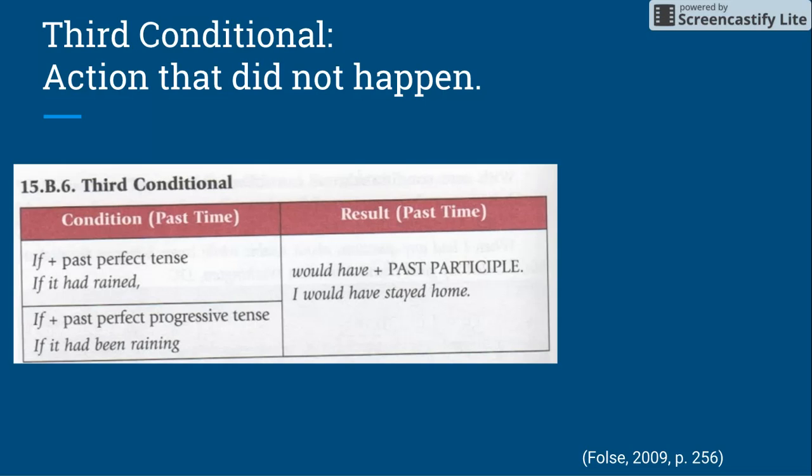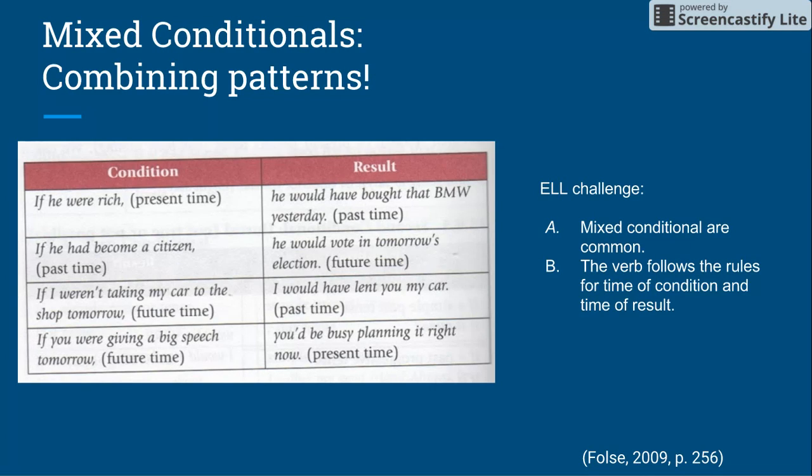The real fun begins when we look at how conditionals are actually used. Folsey notes that mixed conditionals and combined patterns are very commonly used. And so this is what is very challenging for English language learners.